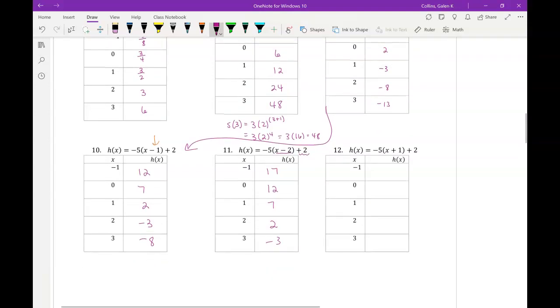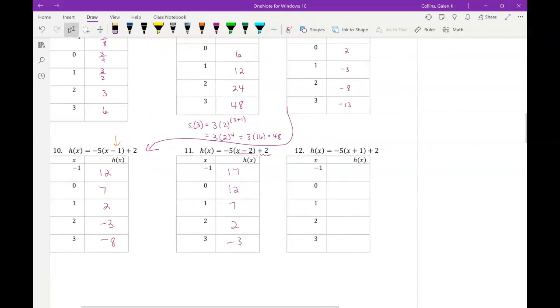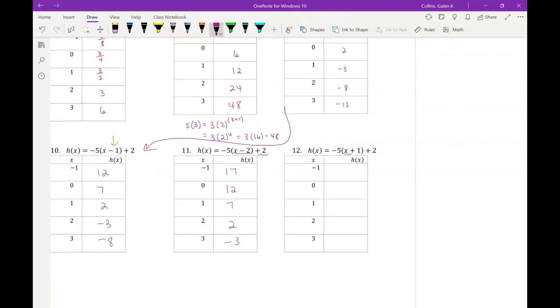And then lastly, number 12, kind of similar to what we've seen already. If this says x plus 1, I could think of that as x minus -1. So when x is -1, that's when my y value is going to be this constant 2. So I would have 2, -3, -8, -13, -18 in my table.